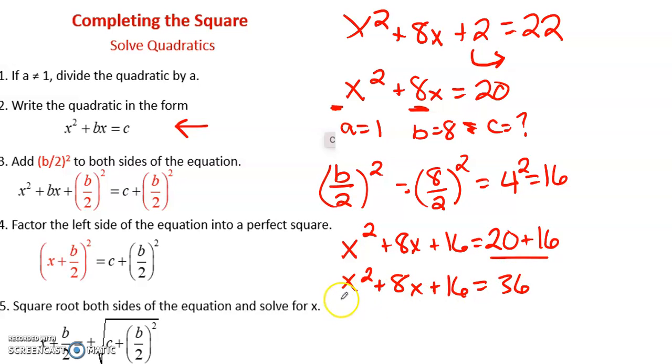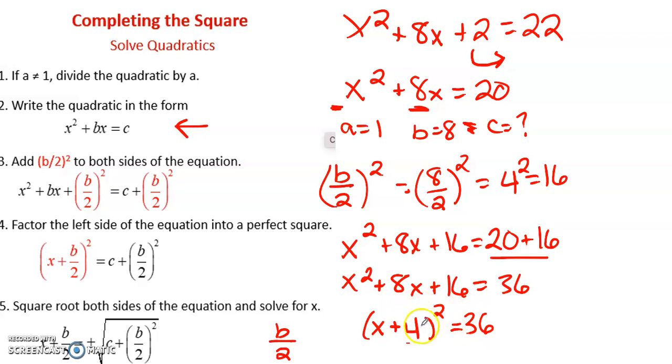All right, so now I've created a perfect square trinomial, which means I can factor this out. And in order to figure out what goes in here, it's actually always going to be your b divided by 2. So 8 divided by 2 is 4. Because I have a positive b, it's going to be a positive 4. All right, so now we can simply solve by square rooting both sides.